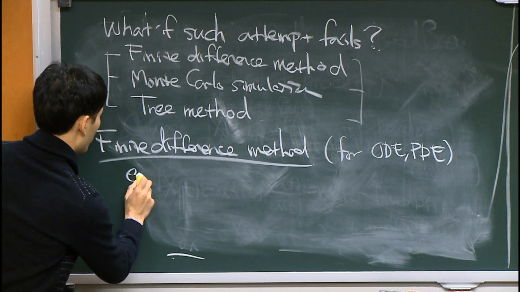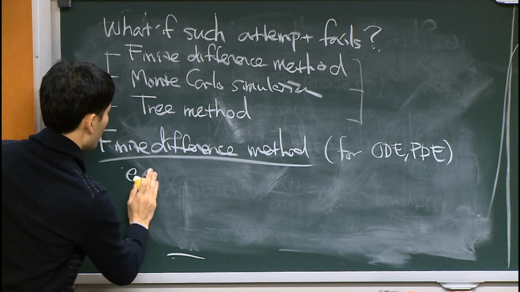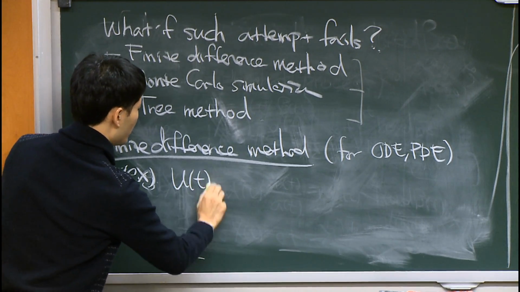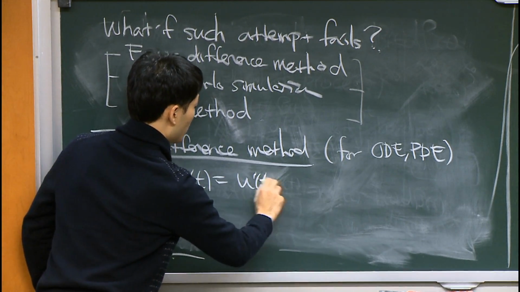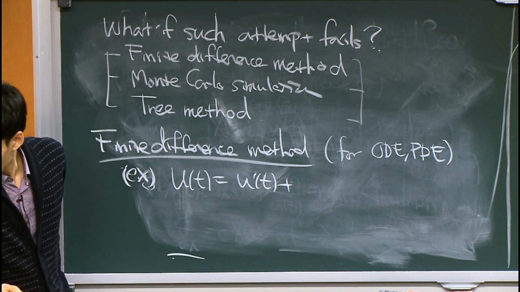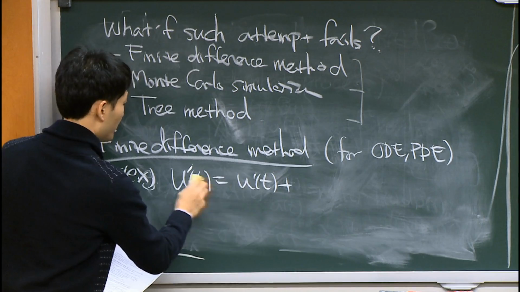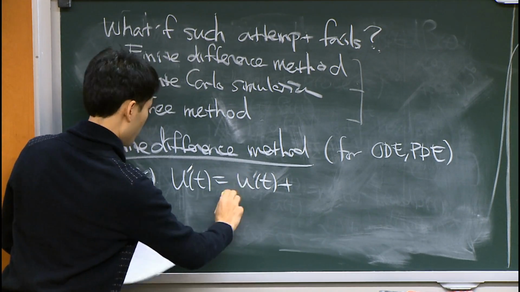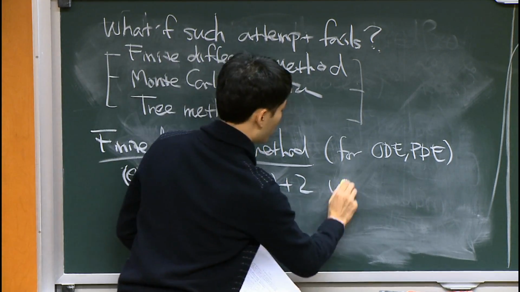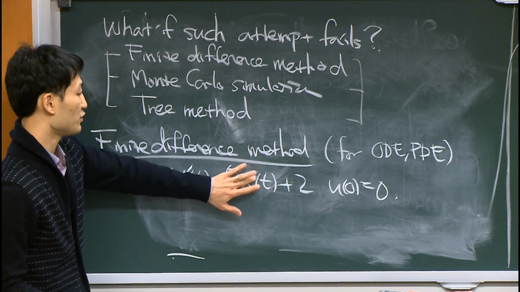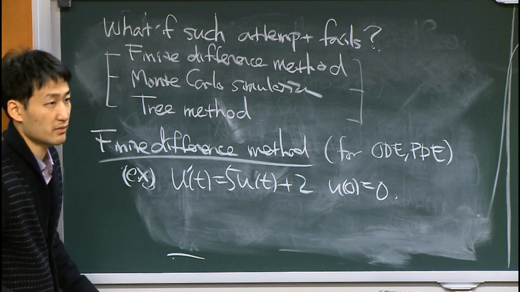So I'll work with an example. Let u prime of t be 5 times u of t plus 2, u of 0 is equal to 0. Now this has an exact solution, but let's pretend that there is no exact solution.